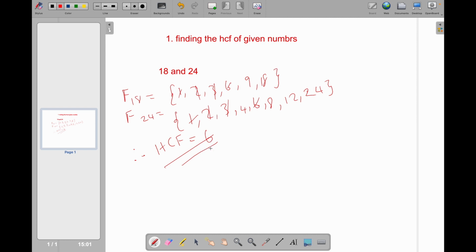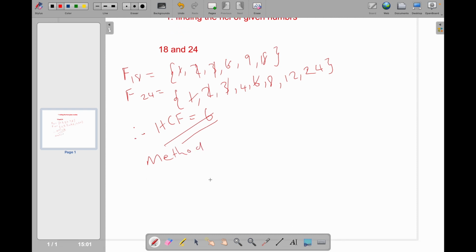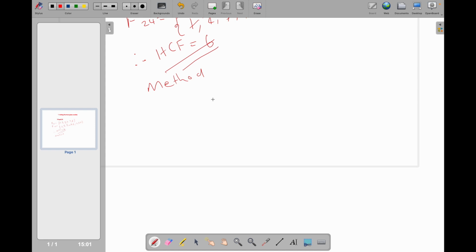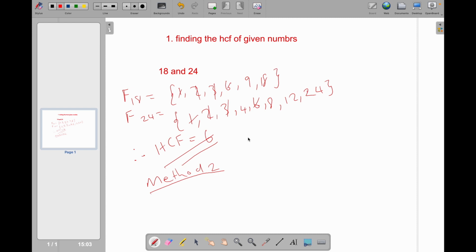And now method number 2. For method number 2, what you do is you have 18, and for us to get 18, we need to multiply 2 by 3 by 3, and for us to get 24, we need to multiply 2 by 2 by 2 by 3.